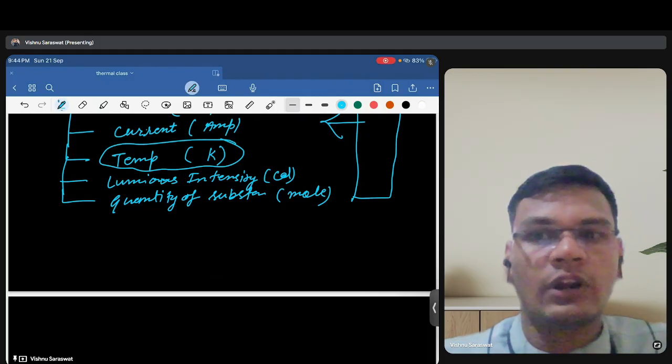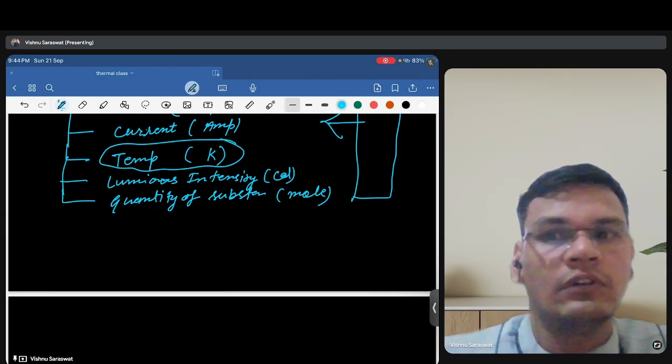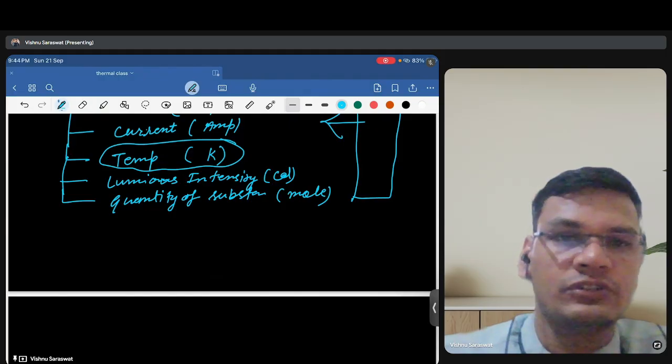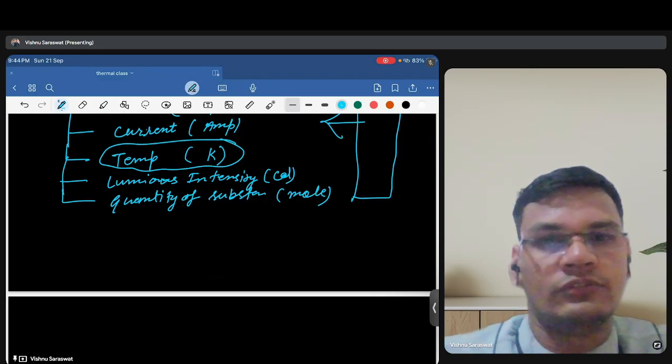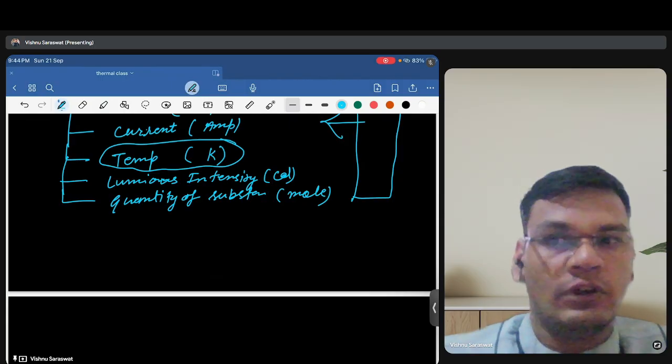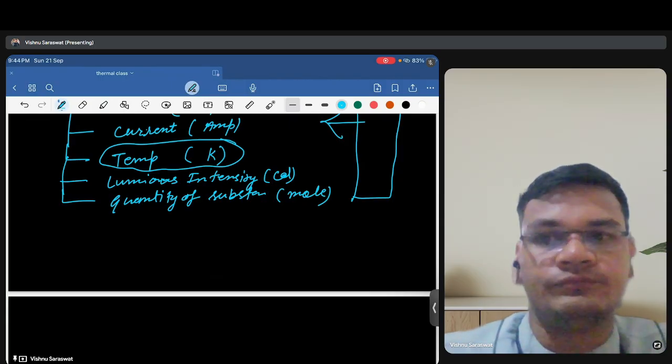So what I am trying to deliver here is how the body changes its temperature when it absorbs or releases heat. Keep in mind this point is very important to understand how this works.